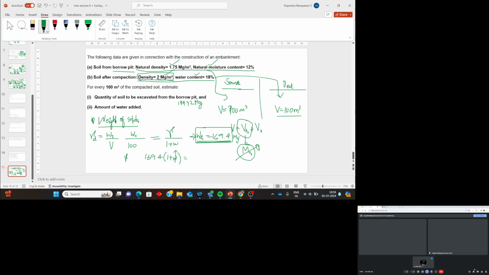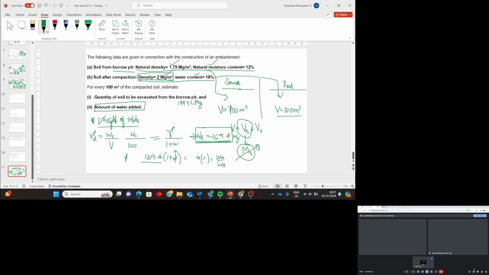So now coming to the second question. What is the amount of water to be added? Now this is remaining constant, right? So what is water content? Weight of water upon weight of solids.